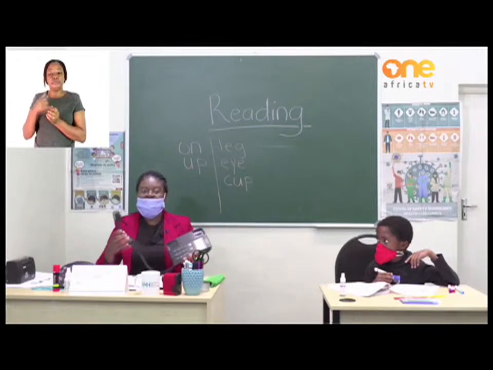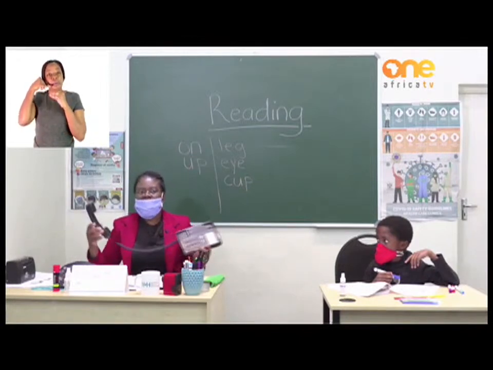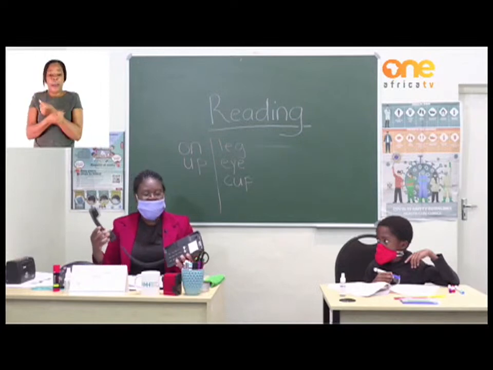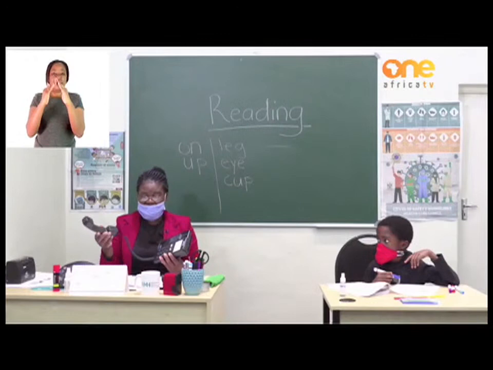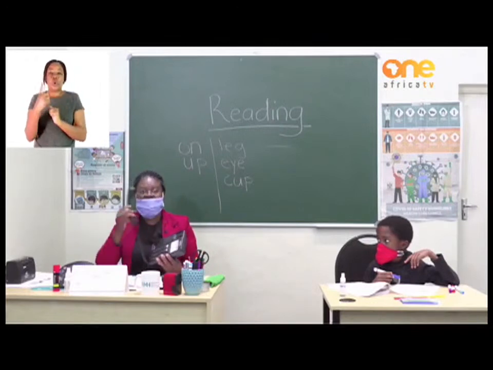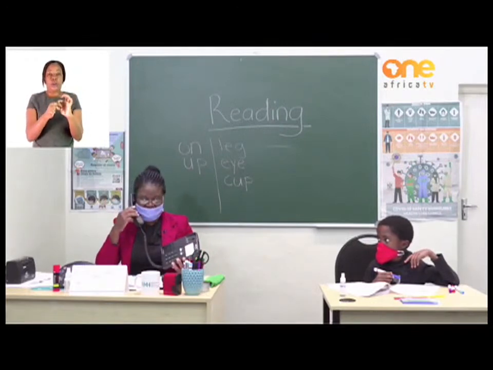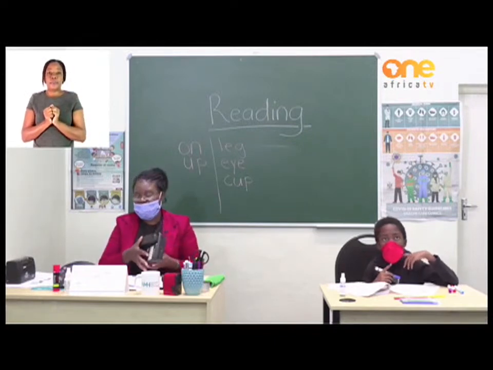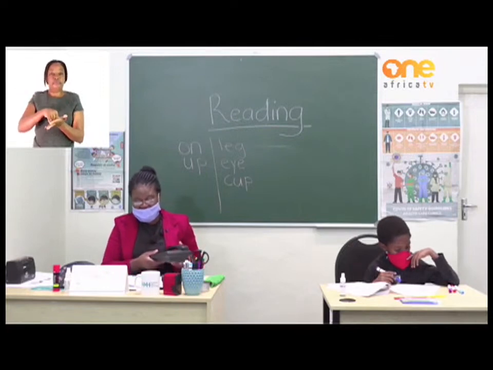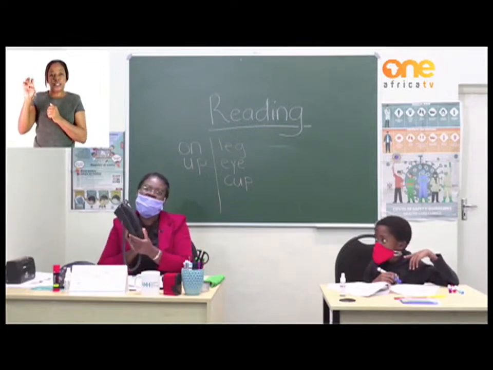I cannot lift this one and walk around with it or carry it in my handbag. This is mainly used in the house, fixed at one place, or in the office. It rings and I answer. What is this? It's a telephone. It is a telephone. Many of you have it, but some of you do not.